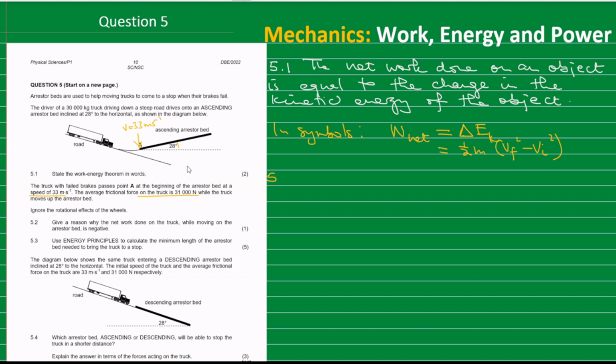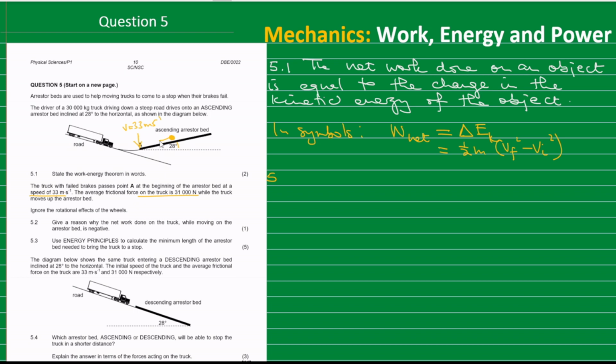So the reason we are going to give here is the fact that when you look at the forces that are acting on the truck, I assume we're going to draw a free body diagram of the forces. Now when the brakes fail, it means there's no applied force that is moving up. So there will be two forces acting here.